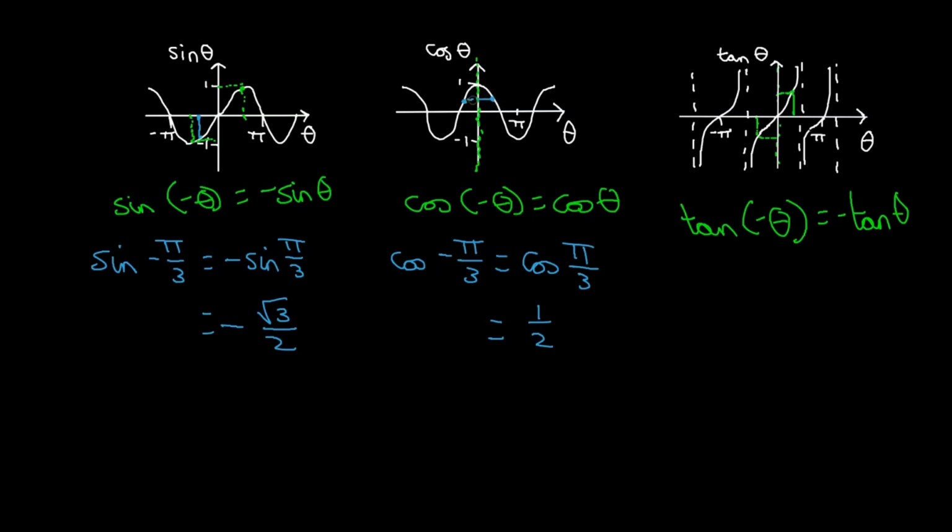So these are equal values. And now let's do the tan of negative pi over 3, which we know is equal to the negative of tan pi over 3, which is equal to negative root 3.